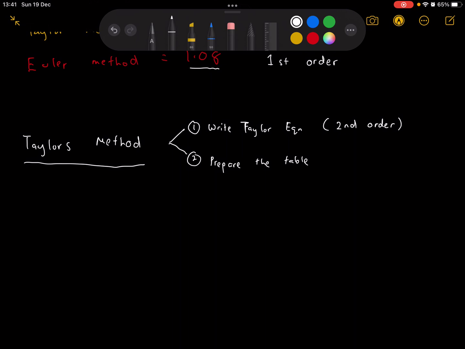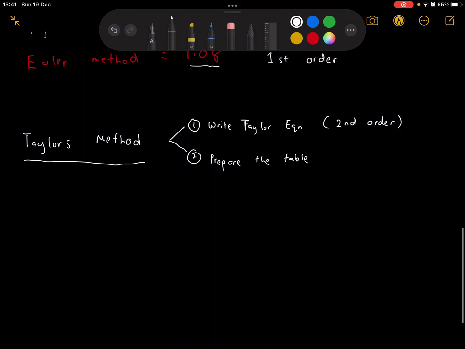So the equation has an extension from the Euler's method, and when we consider until the second order, when we prepare the table, there are two additional pieces of information that we need to put, which is y double prime and h squared over 2 factorial y double prime.